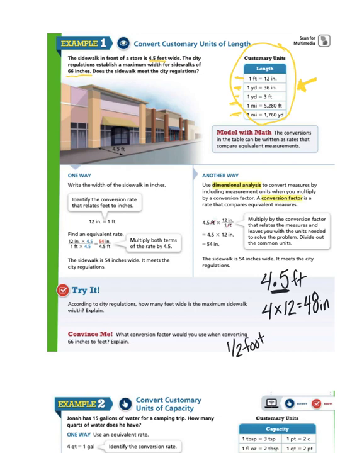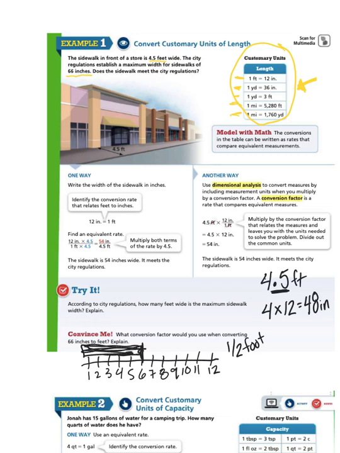So if you have a ruler that has 1, 2, 3, 4, 5, 6, 7, 8, 9, 10, 11, 12, there are 12 inches in a foot. And if we are talking about half of this ruler, well, what are we talking about? That's right. So 0.5 feet is the same as 1/2 a foot, which is the same as half of this ruler, which would be 6 inches.